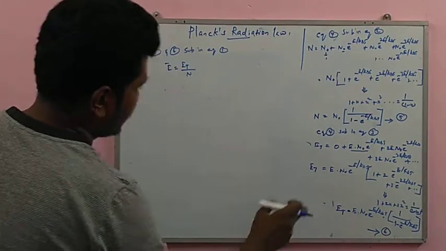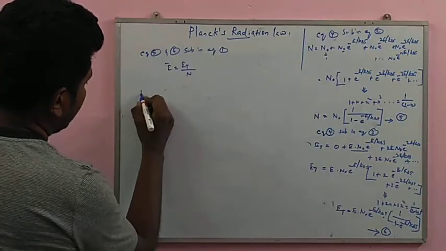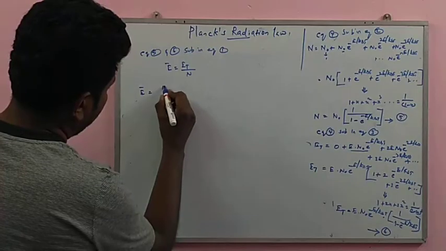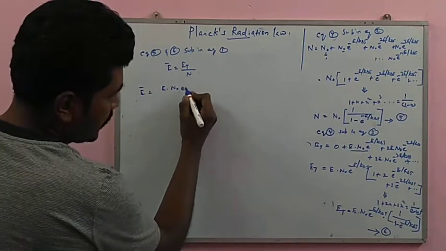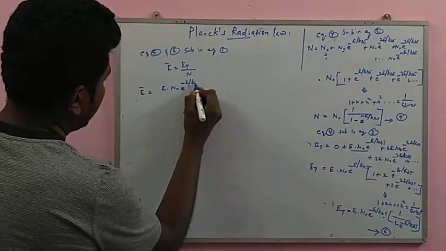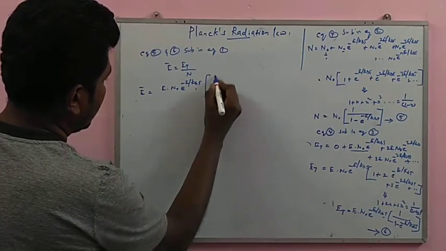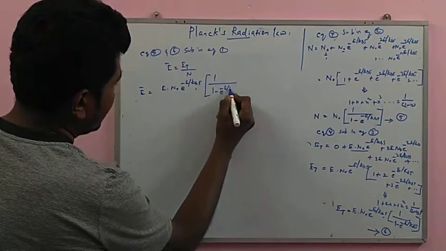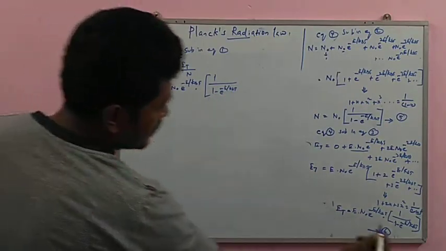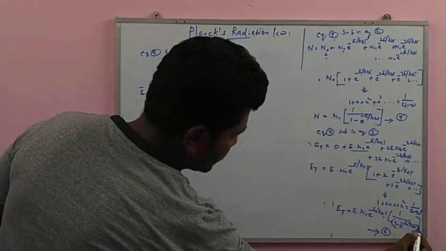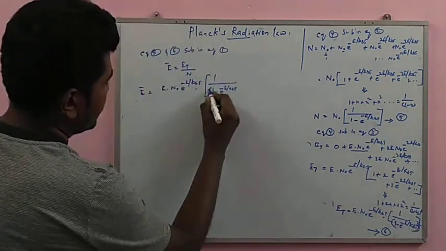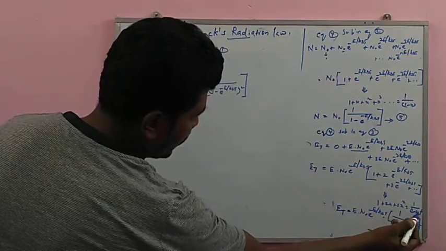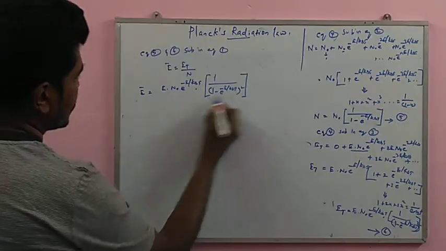So substitute here equations 5 and 6. Average energy is equal to total energy, E into N0 e power minus E by kBT, into 1 by 1 minus e power minus E by kBT whole square. Don't forget the square, because that is the form 1 by 1 minus x whole square.